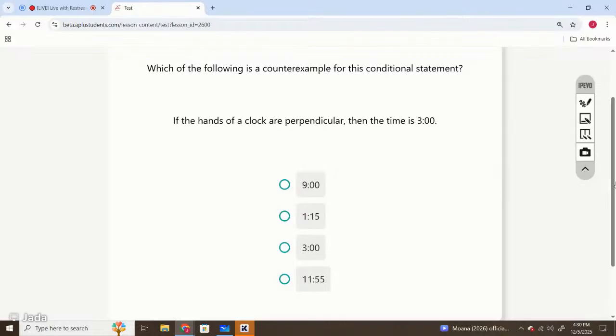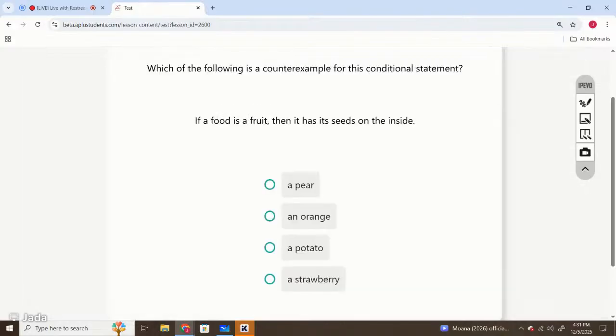That is 9: the hands of the clock are perpendicular, but the time is not 3.